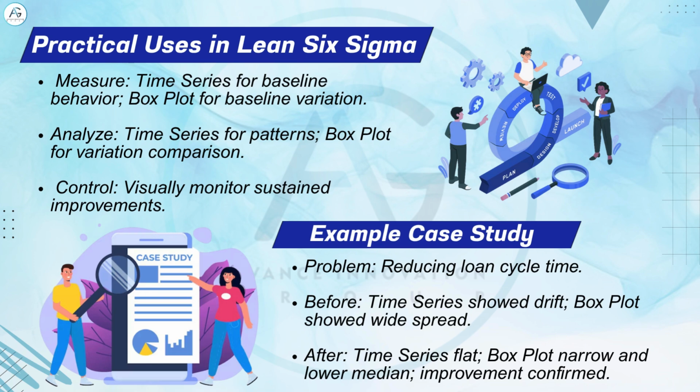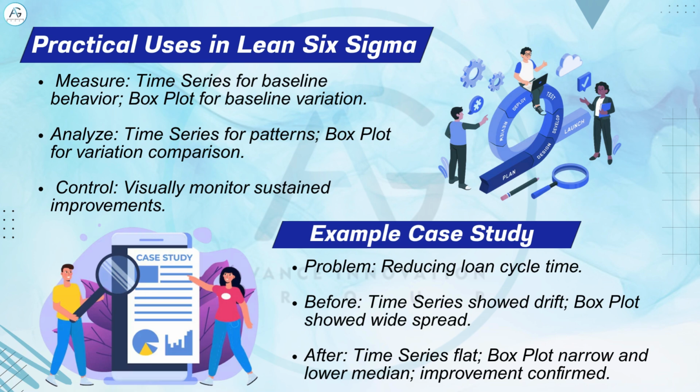Now let's connect everything we've learned to practical Lean Six Sigma applications, specifically in the measure, analyze, and control phases. Practical uses in Lean Six Sigma. In the measure phase, we use time series plots to understand the baseline behavior of a process over time. Box plots capture the baseline variation across groups, like shifts, departments, or weeks.